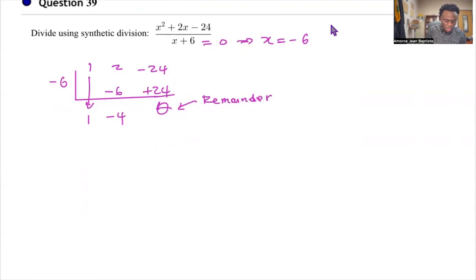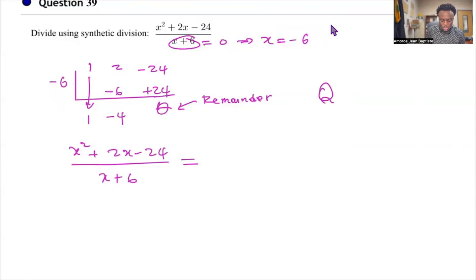That means x plus 6 is a factor of x squared plus 2x minus 24. So in this case, you're going to write x squared plus 2x minus 24 over x plus 6 equals, what's the quotient?